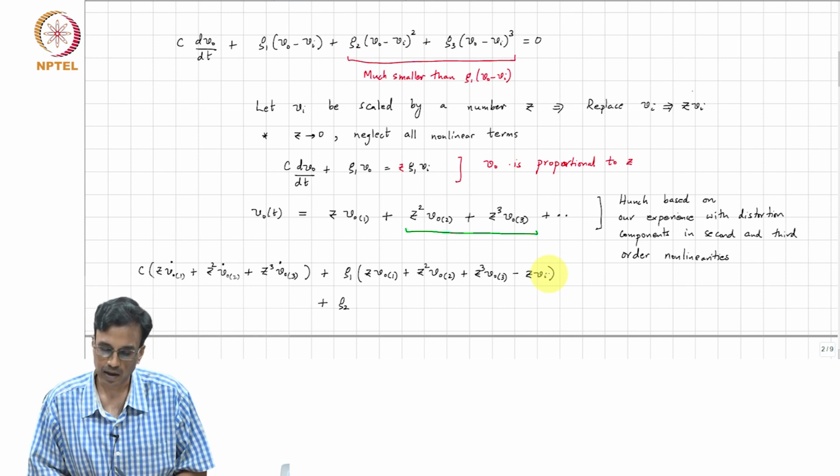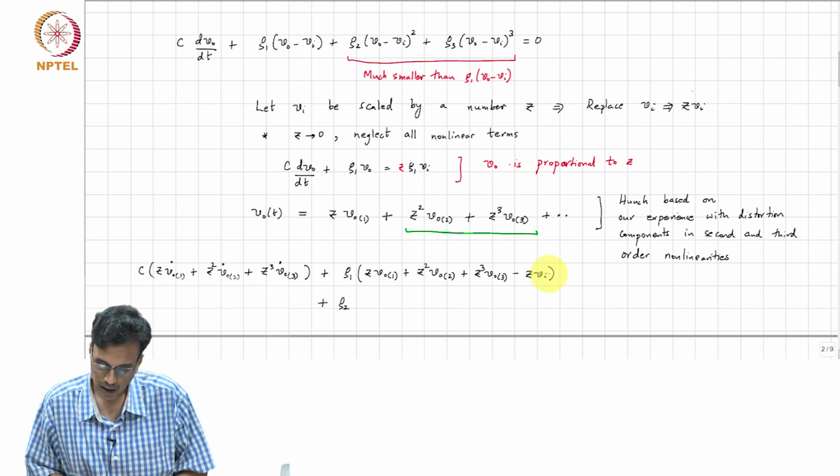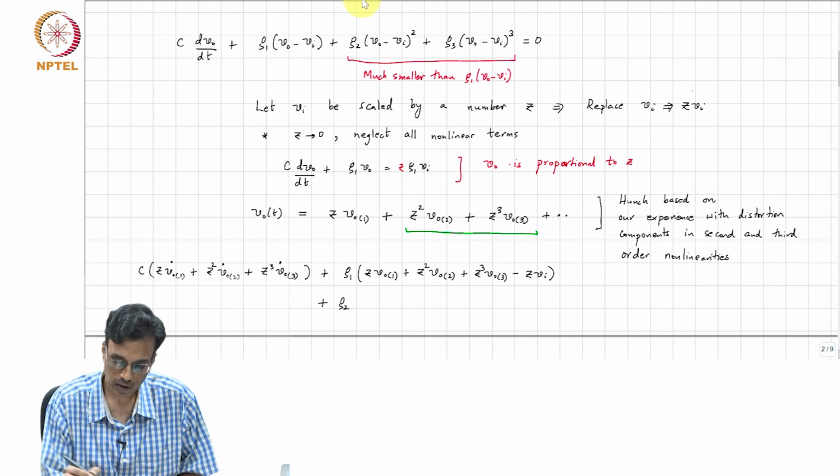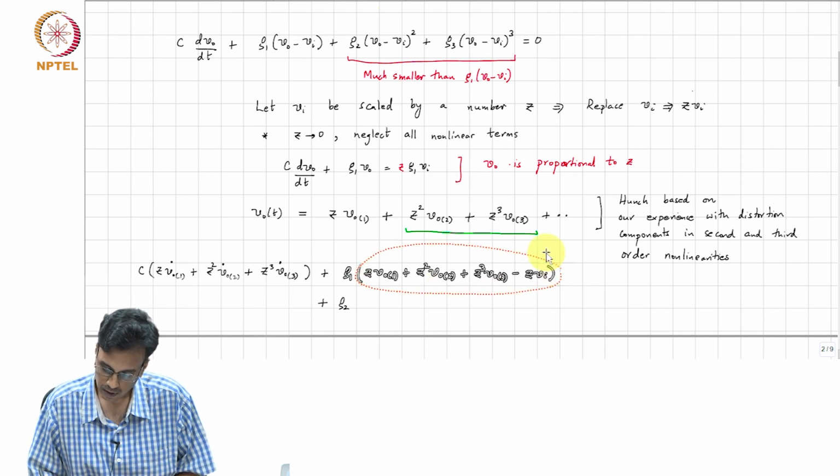Remember, we are applying an input which is Z times Vi, and so let me copy this.